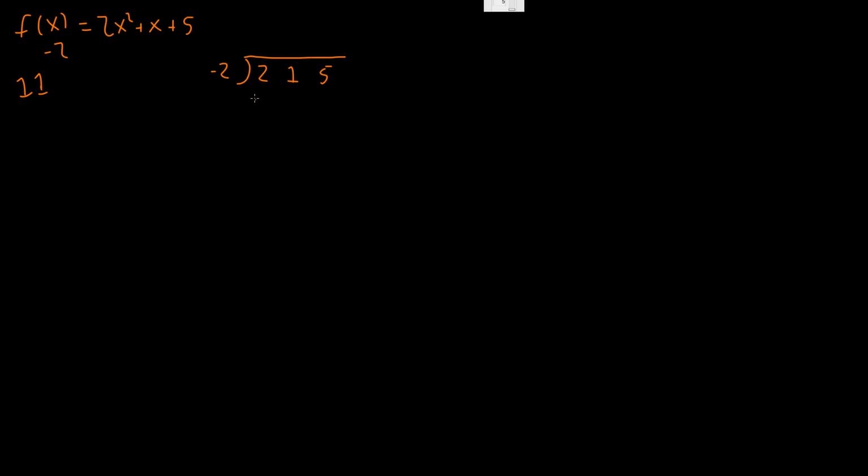So -2, and then a line, so we have a 0, and 2 times 0, so we end up with a 1, -2 times 1, so we have -2 here, and this becomes a 3. Is that what this means?